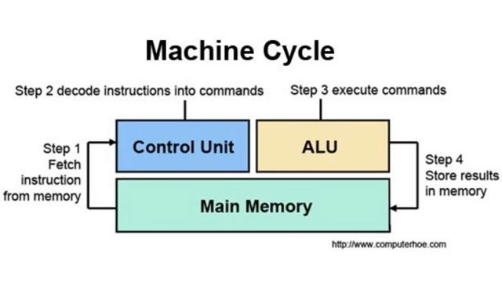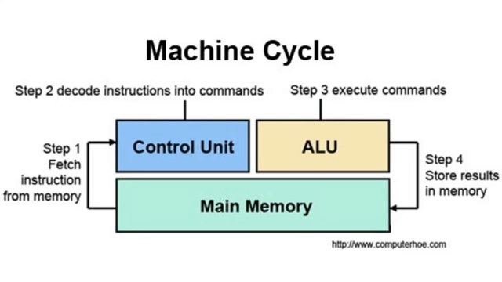The next step is to decode, where the CPU translates the instruction into commands, and that is handled by the control unit. Step 3 is to execute, or carry out the command, and that is carried out by your arithmetic logic unit. And step 4 is to store the results into memory, so it's back onto your memory.